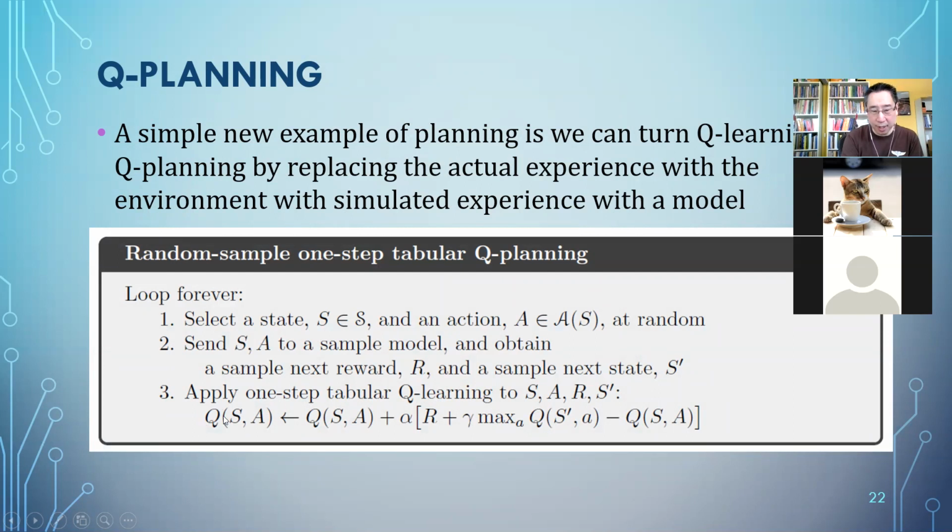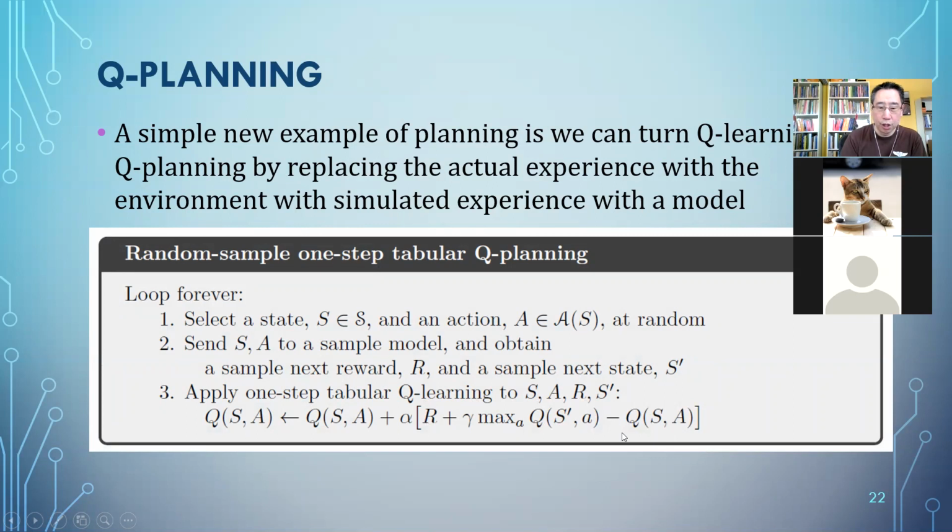We say that our estimated value for this state action pair, we're going to update it by a small value alpha times the reward plus the discounted return minus what we thought it was. So the delta between what we think the reward plus discounted return is and what our previous estimate was.